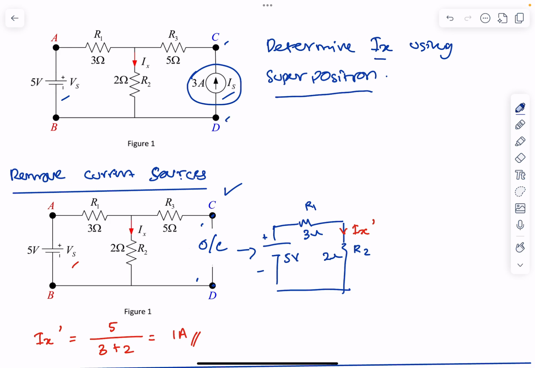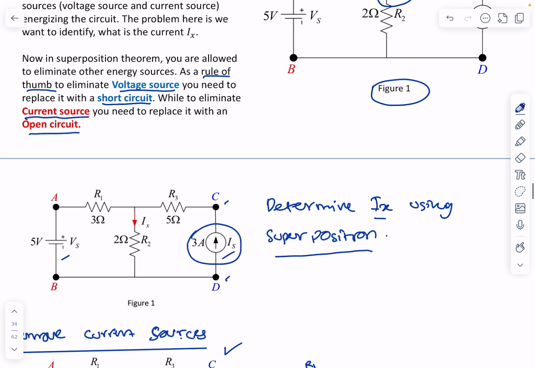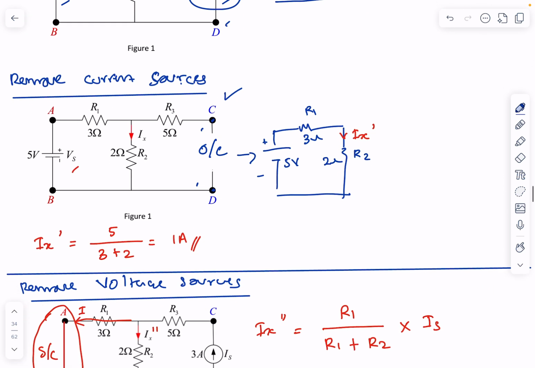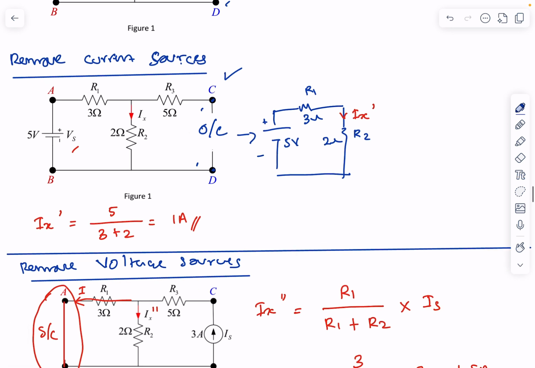As a rule of thumb, to eliminate a current source, you need to replace it with an open circuit. So at terminals C and D there is no more current source; it is replaced by an open circuit. Using this circuit, you need to determine the current Ix.